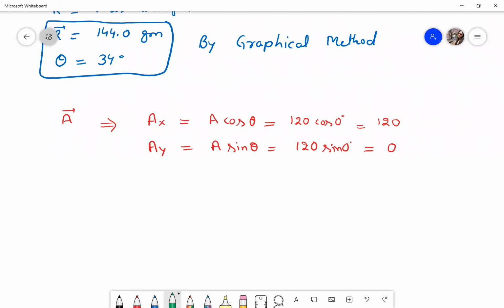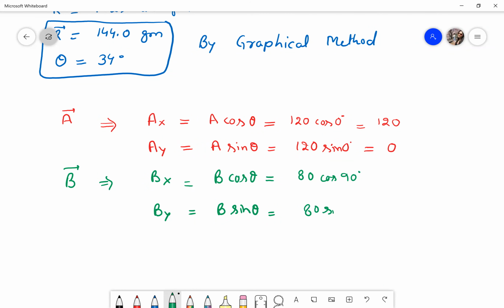Now, for the second vector, B vector, its components B of x and B of y will be B cos theta and B sine theta. B is 80 grams, so 80 cosine of 90 degree and 80 sine of 90 degree. Cosine of 90 is 0, sine of 90 is 1, so B of y will be 80.